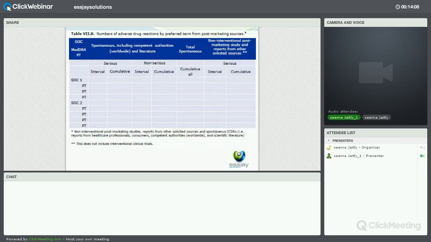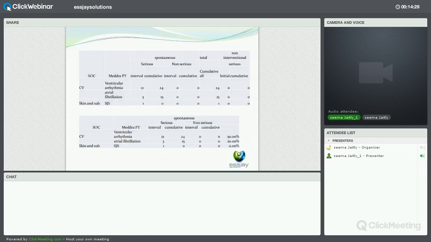Then when you come to your post-marketing experience, you can see here that you've got your SOCs, you've got your PTs, and you've got your interval and your cumulative data. And again, for those of you who have written a PSUR or PBRER, you will probably have something similar to this. I know it's a bit small and I apologize, but I'm hoping that you can see this. It's just to give you a feel of what outputs you may get from your database.